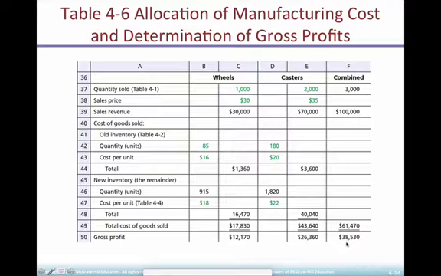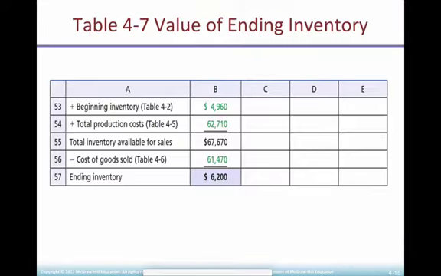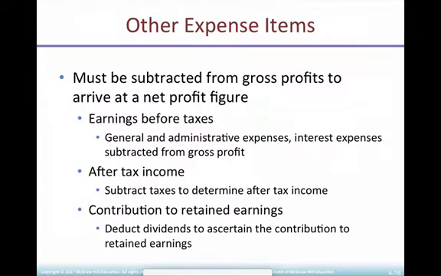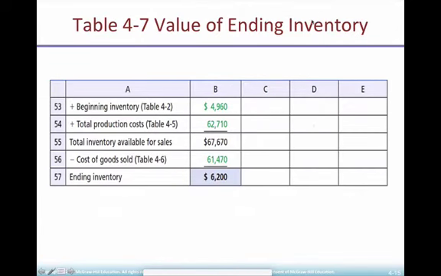And now the remaining part is how much is my ending inventory value? Ending inventory in dollar amount. And we can use this formula: beginning inventory from the previous slide, 4,960, plus total production cost 62,710, minus cost of goods sold. Ending inventory is going to be 6,200.